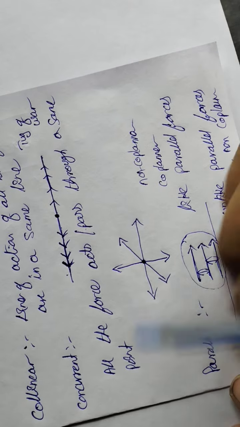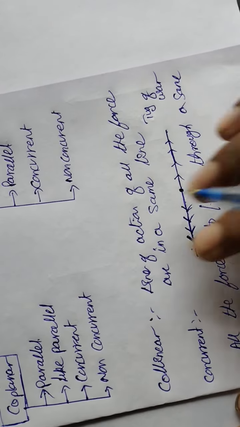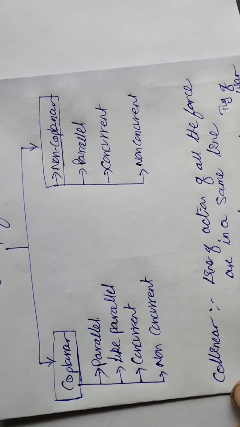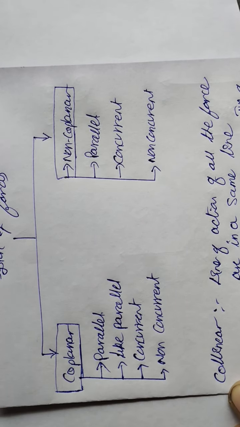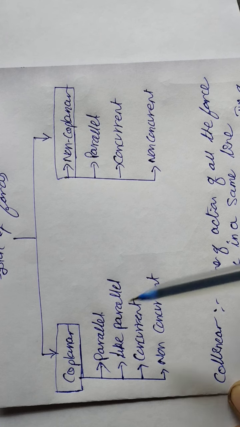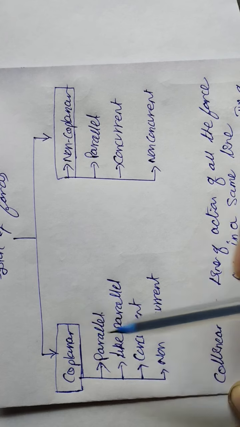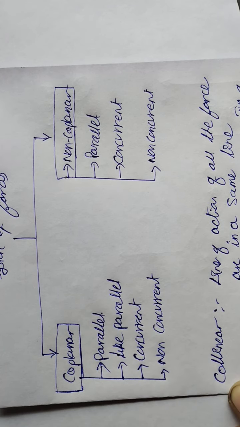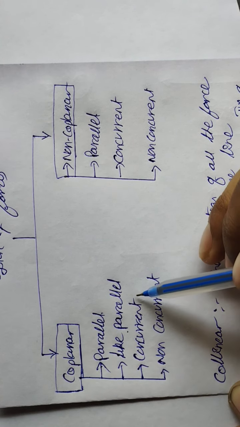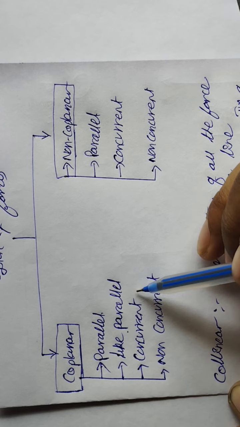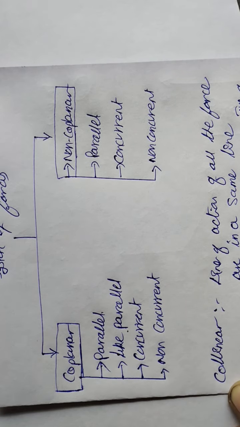Now, if you see the table which I have written initially, coplanar can be divided into four types: parallel, like parallel, concurrent, and non-concurrent. By now you should know what parallel forces are. If they lie in the same plane, they are called coplanar parallel forces, like parallel coplanar forces. If all the forces are concurrent and lie in the same plane, they are called concurrent coplanar forces.